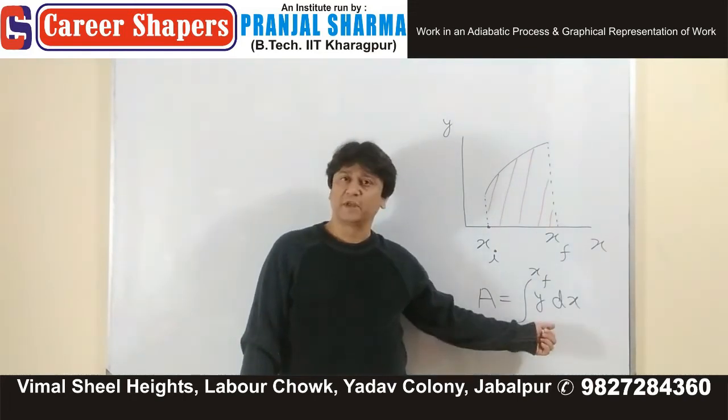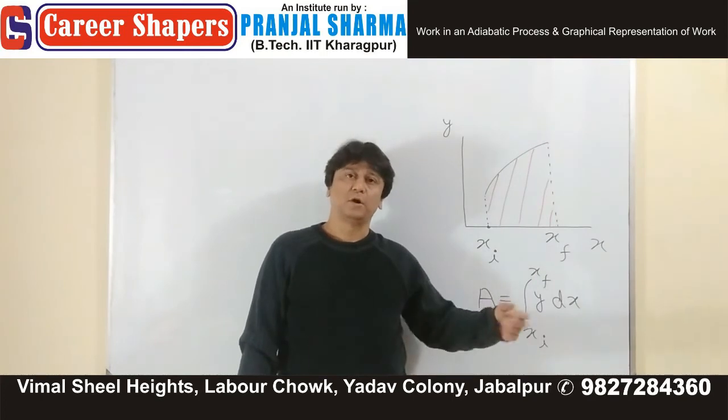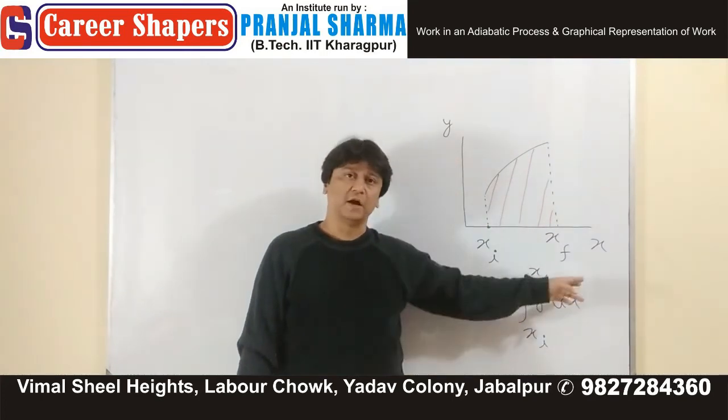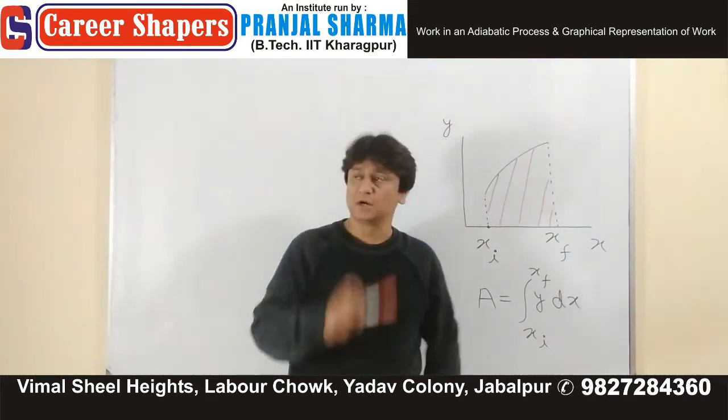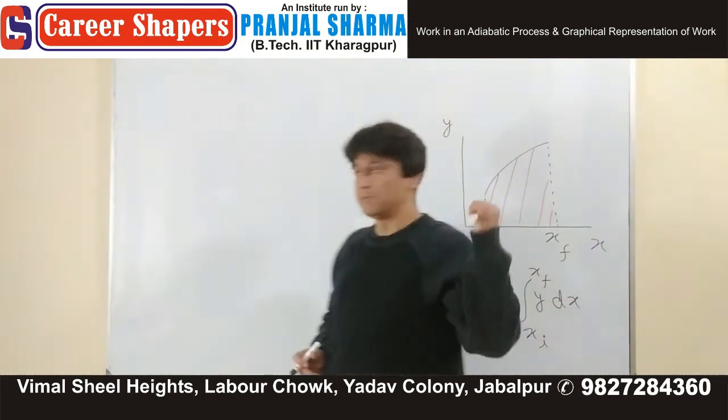We have done this in kinematics. If we plot a graph between velocity and time, then the area of that graph gives us what? Displacement. So I hope you remember this.